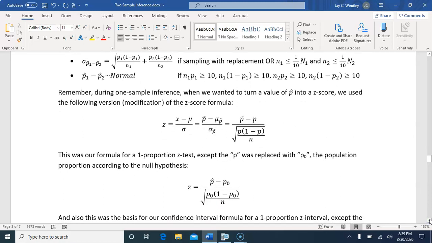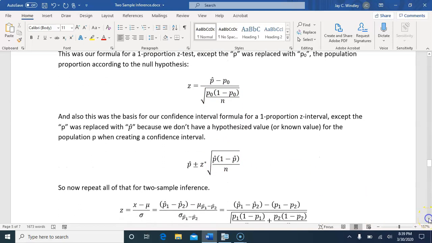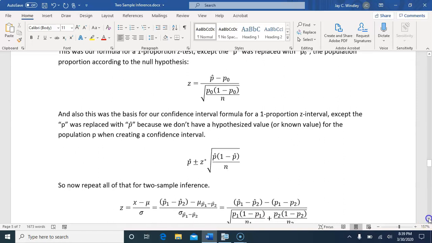Also remember that when we were dealing with a hypothesis test, we replaced the p's over here with p subscript 0. And also remember that a variation of this turned into our confidence interval formula, which looked like that, except now this radical, instead of having p subscript 0, has p hat, because all we have to go on is the sample when we're doing a confidence interval. We don't know about the population.